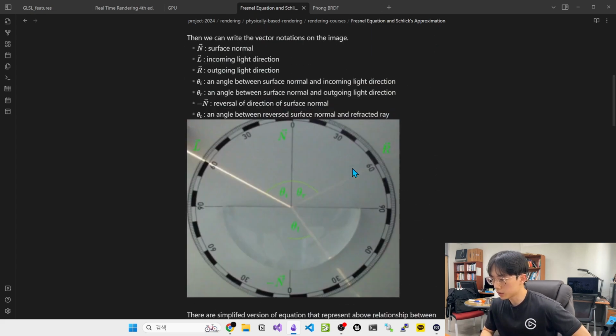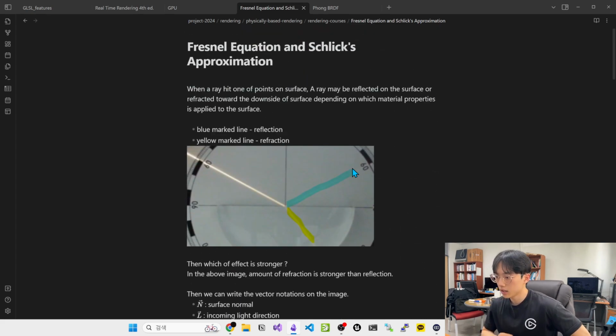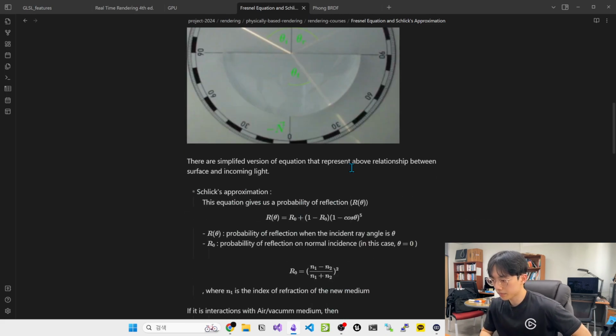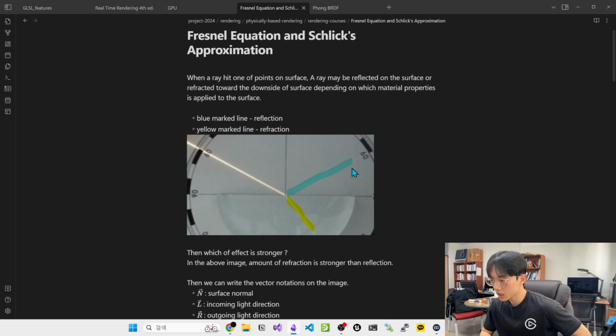So today I learned about the Fresnel equation, and in the simplified version, Schlick's approximation. A ray can be refracted into the surface or reflected on the surface.